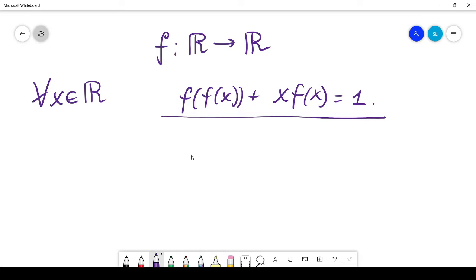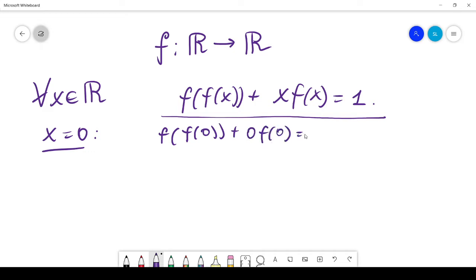Well, for example, let's plug in some simple values like x equals 0. We have f of 0 plus 0 times f of 0 equals 1, or it's the same as f of 0 is equal to 1. Alright, let's call this statement 1.